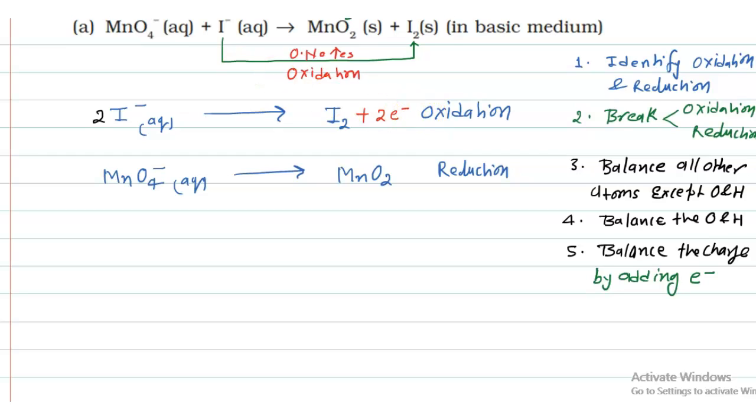Next, in the case of MnO4 minus, manganese 1 is balanced. So balance all other atoms except oxygen and hydrogen, and then balance the oxygen and hydrogen.